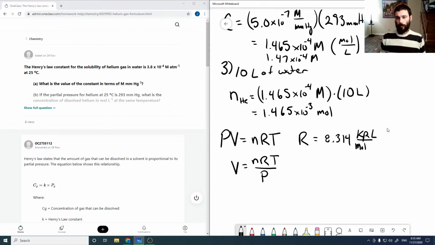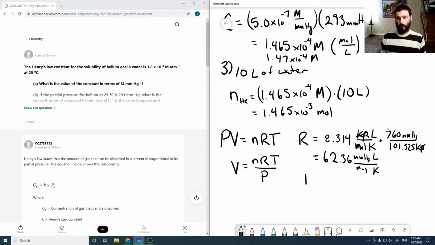So that's the value that I always remember. So we're going to have to multiply this by our conversion to millimeters mercury, which is 760 per 101.325 kPa. So the kPa will cancel, and we'll actually get an R of 62.36 millimeters mercury liters per mole Kelvin.